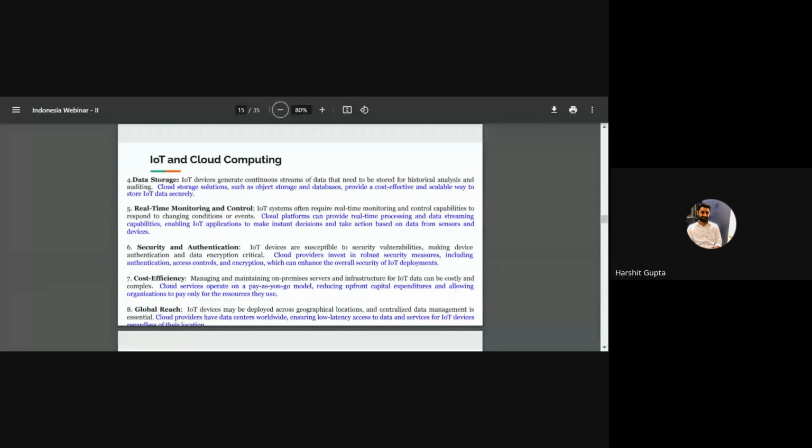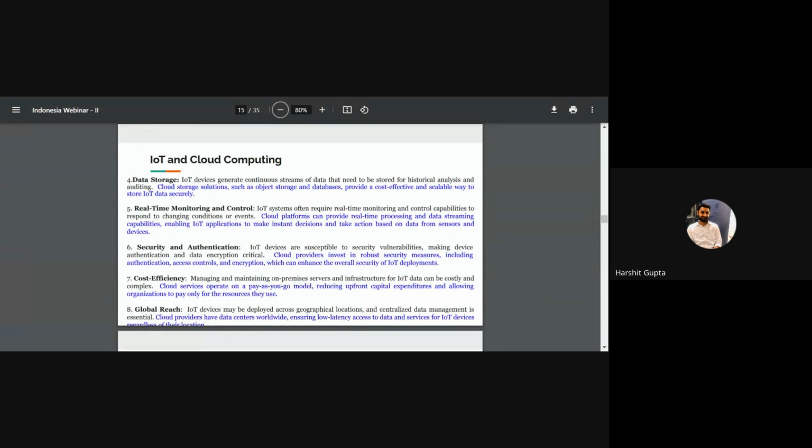In today's world, I don't think we can even imagine IoT without cloud computing or without cloud service providers, because the main issue is that we need a common place where the data can continuously come in and be processed. We cannot do this process manually or with the intervention of any human being.